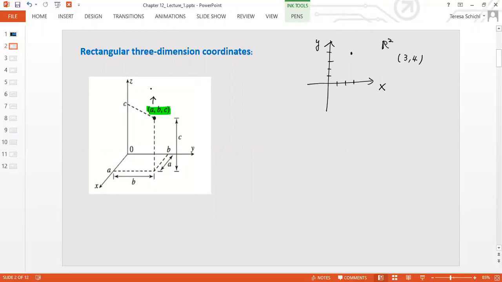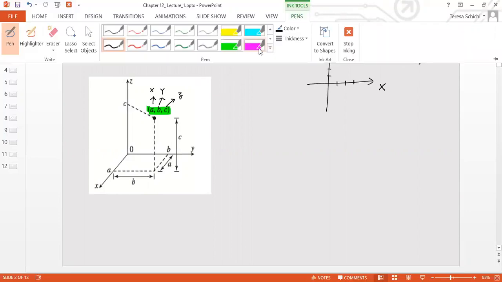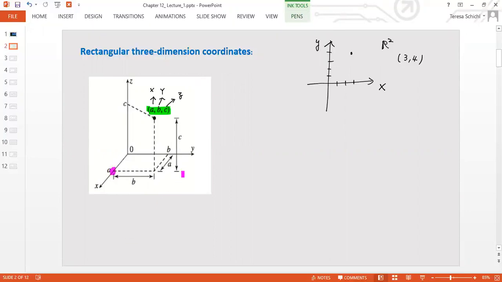The first value is the x value, the second is the y value, and this is the z value, the height. Plotting a point in R3 is just like plotting a point in R2. When you have 3 and 4, this is the 3 and this is the 4, and that is the point (3, 4).